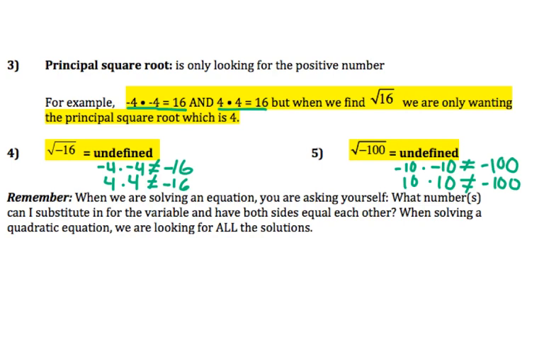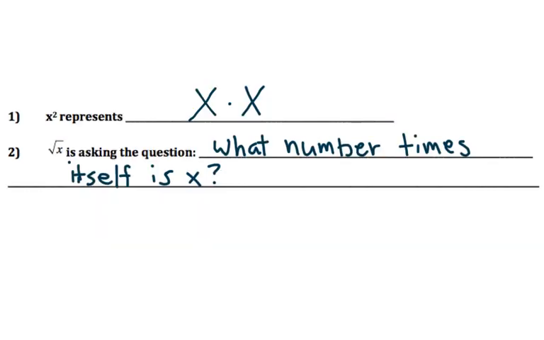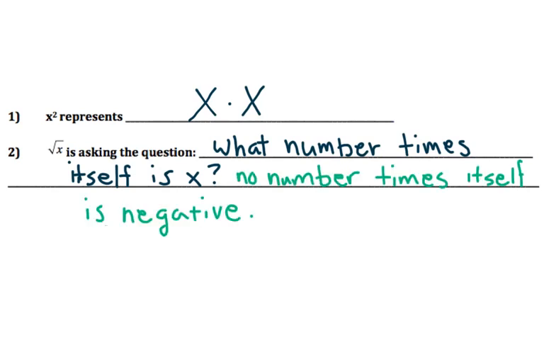So again, we reiterate this point, that there's no possible real number that, when multiplied by itself, will result in a negative number. This is something important to add to number 2. So we're going to add on to number 2 that there is no number times itself that is negative.